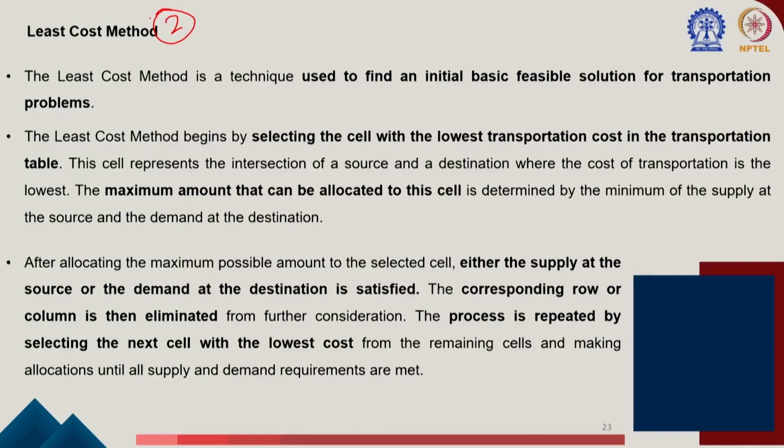So here we will discuss the second method, which is the least cost method. We will try to allocate as many units as possible in the cell where the minimum cost is, and then we will strike off either the capacity of that factory fully in that particular row, or the demand from that particular market.